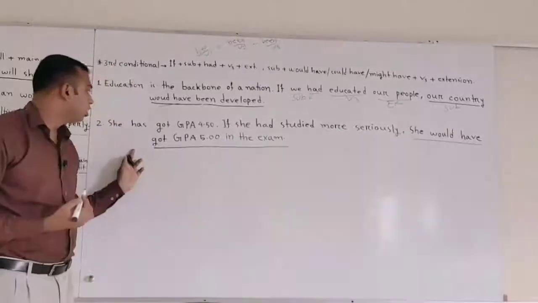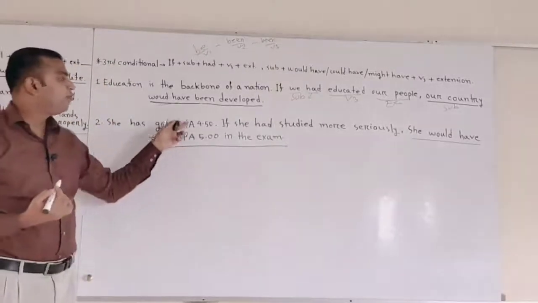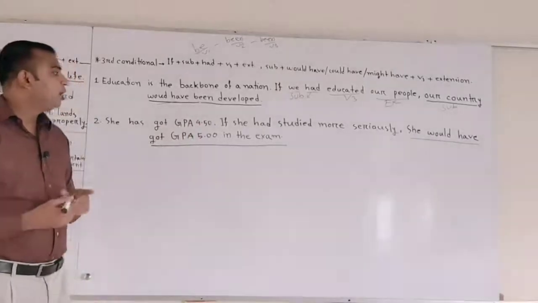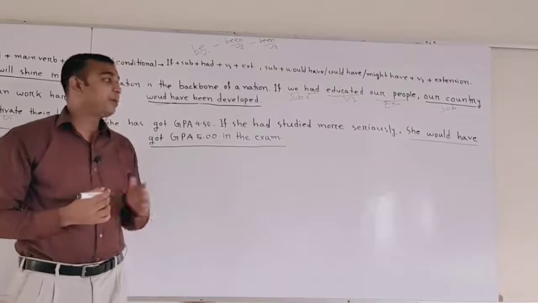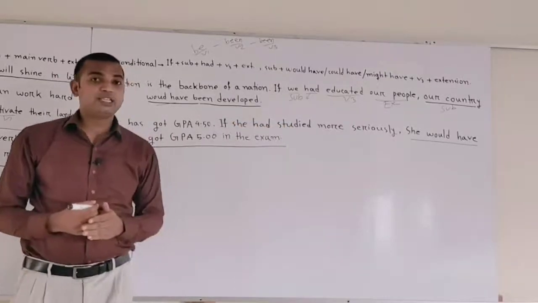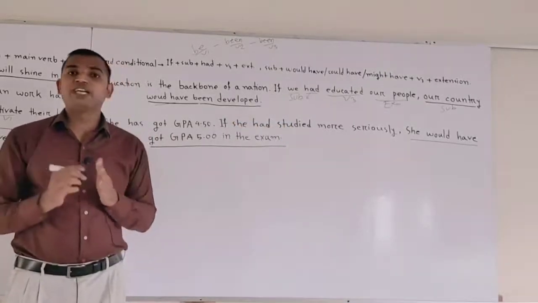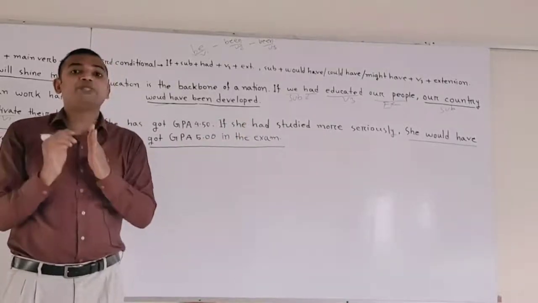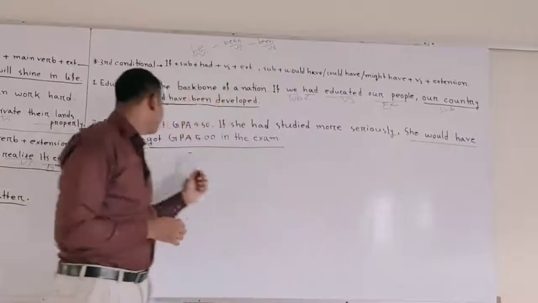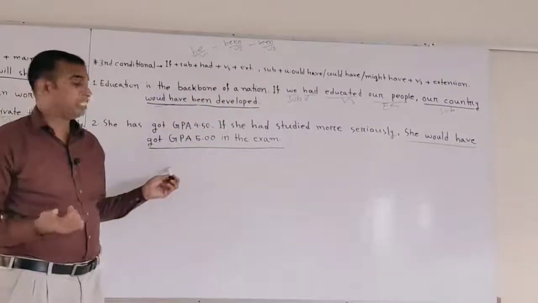Now the second example: she has got GPA 4.50. If she had studied more seriously, that means she didn't study seriously before. If she had studied more seriously, what would she have done? She would have got or she would have achieved.